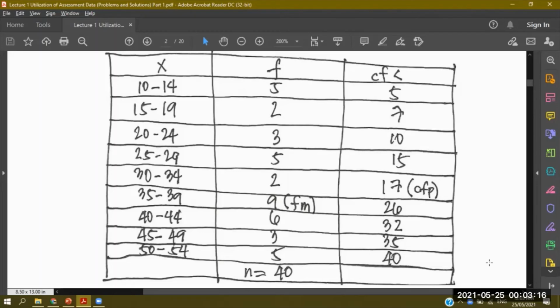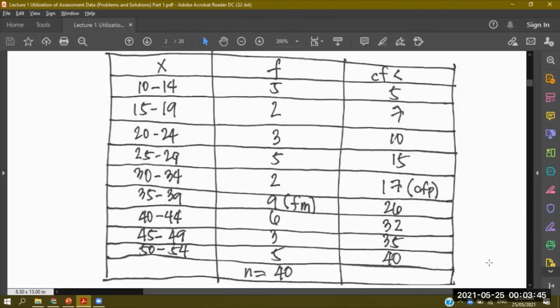So remember that CFP here is a cumulative frequency before the median class if the scores are arranged from lowest to highest value. Sir, sinabi mo, sir, kailangan natin siyang kunin. Bakit po kailangan natin malaman yung median class? Remember that n over 2 is 20. According to here, maghahanap daw tayo ng cumulative frequency before the median class.